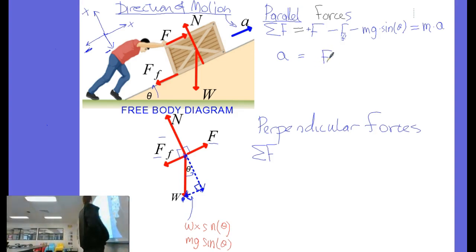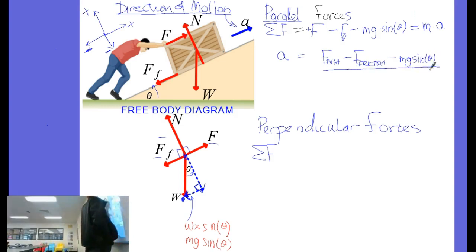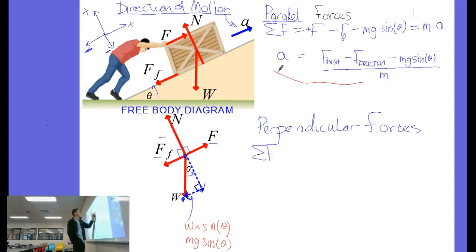So I need a pushing force minus a force due to friction, subtract, then I need to have the mass multiplied by the acceleration due to gravity times sine of the angle. And once I work that out, the whole lot is divided by the mass of the crate, and that gives my overall acceleration that the crate will experience up the plane.